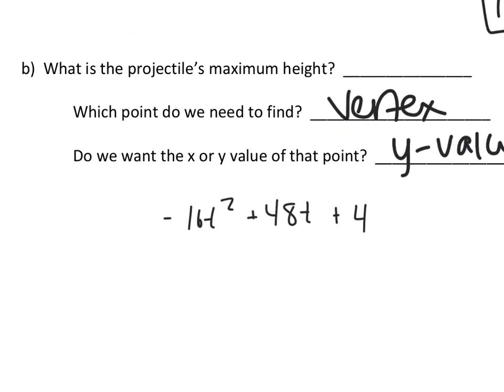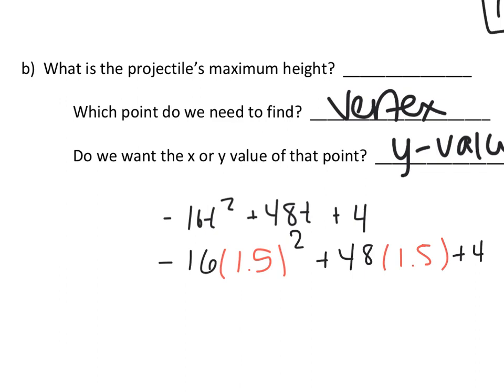So plug in 1.5 and I get negative 16 times 1.5 squared plus 48 times 1.5. And now I'm going to add a 4. After plugging this into my calculator, I end up getting 40. So my maximum height is 40 feet.